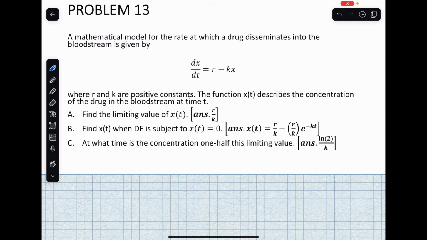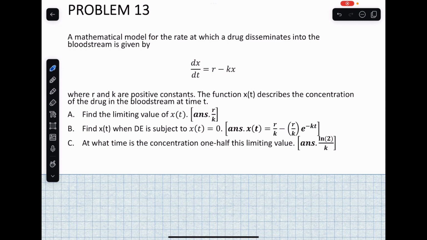So x would be the concentration, so how much of the drug, or medicine, is present in the bloodstream at a certain period of time.